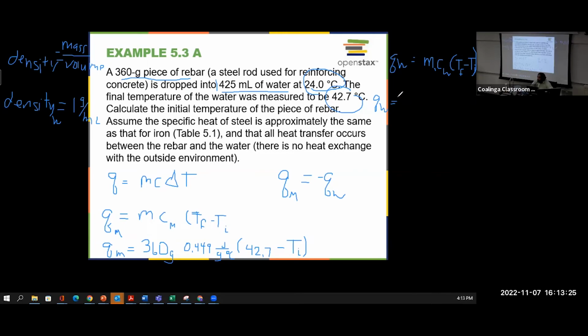If the density of water is 1, and if I have 425 milliliters, how many grams would that be? 425, right? Because it's a 1-to-1 ratio, right? 1 gram to 1 milliliter, right? So I can just go ahead and use that.